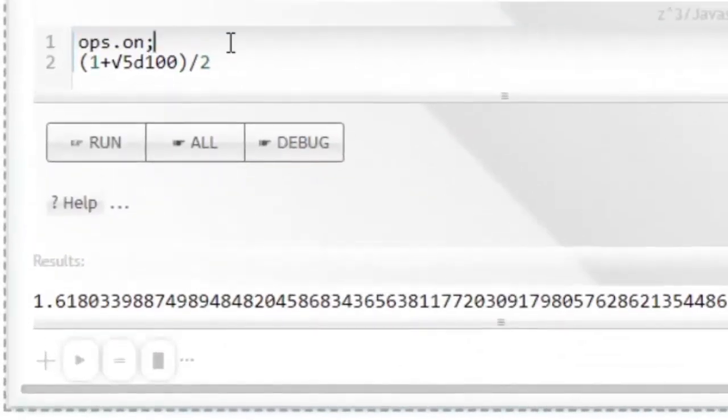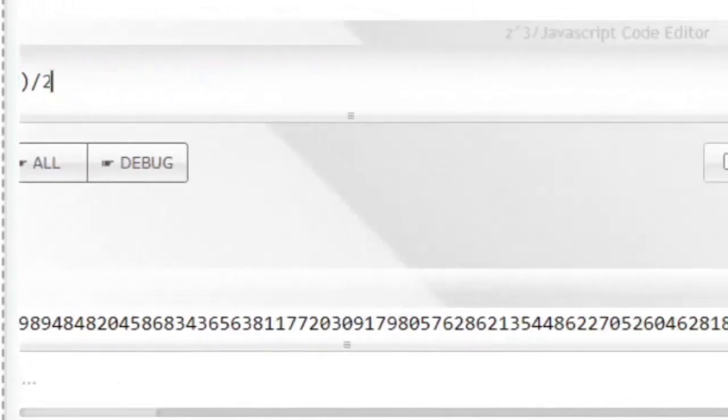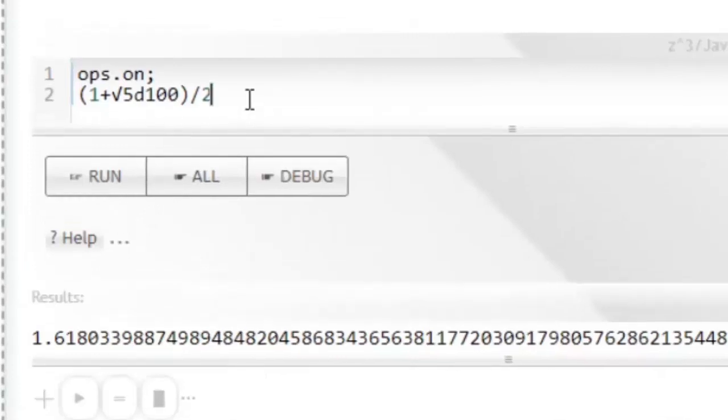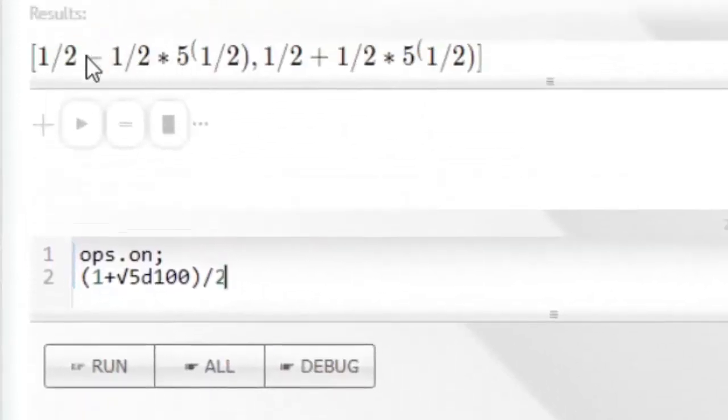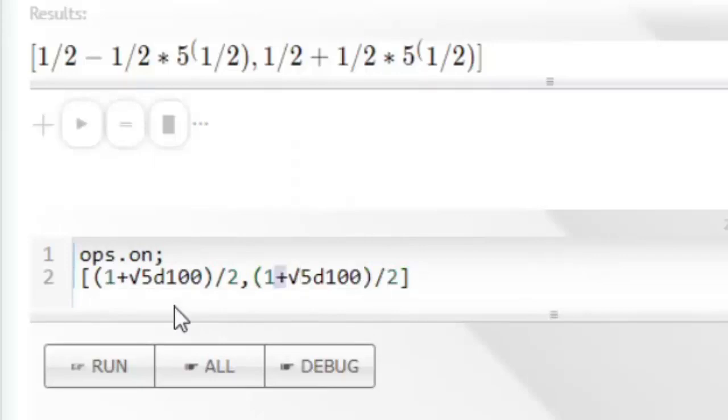So if you do evaluation at a higher decimal accuracy, you will get the golden ratio to a much higher length. And you see that the number of roots it has is 2. So there is 1 plus and there is 1 minus. So let's do both of them. So what we're going to do is do the 1 minus, and these are the two roots of the equation.